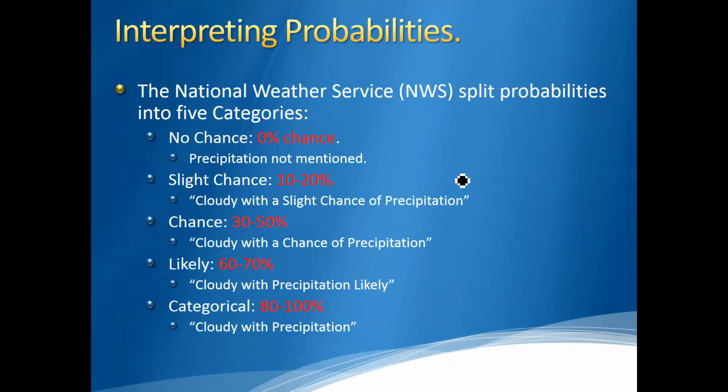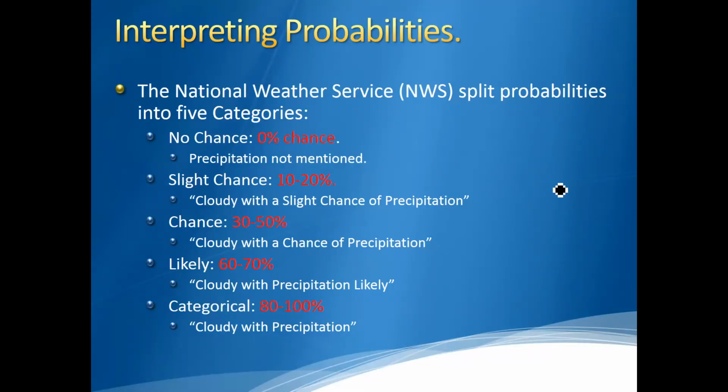On the other hand, if there's a 10 to 20% chance, then what's issued is what's called a slight chance of precipitation. In this case, precipitation isn't really likely, but it can't be ruled out. Usually these kinds of chances are very low and they usually don't pan out too much, but every so often they do.